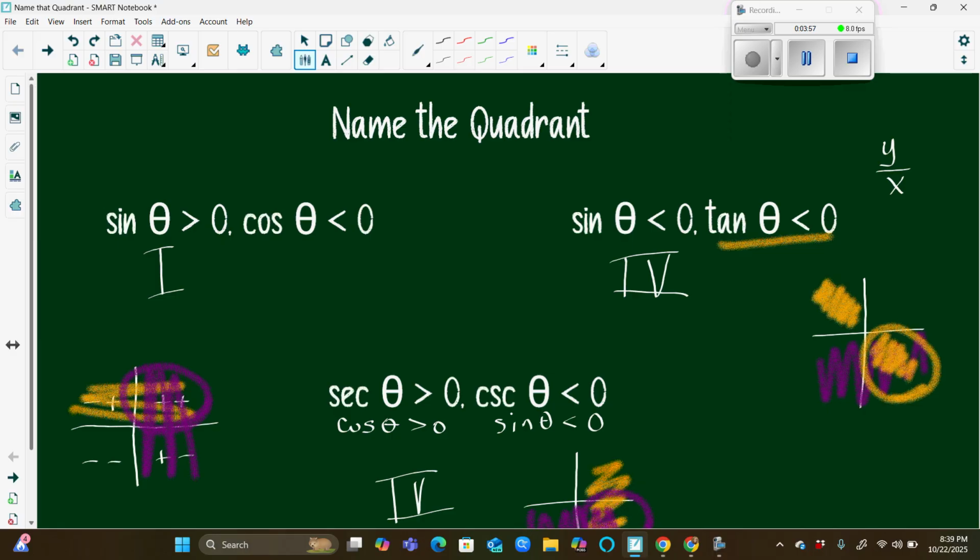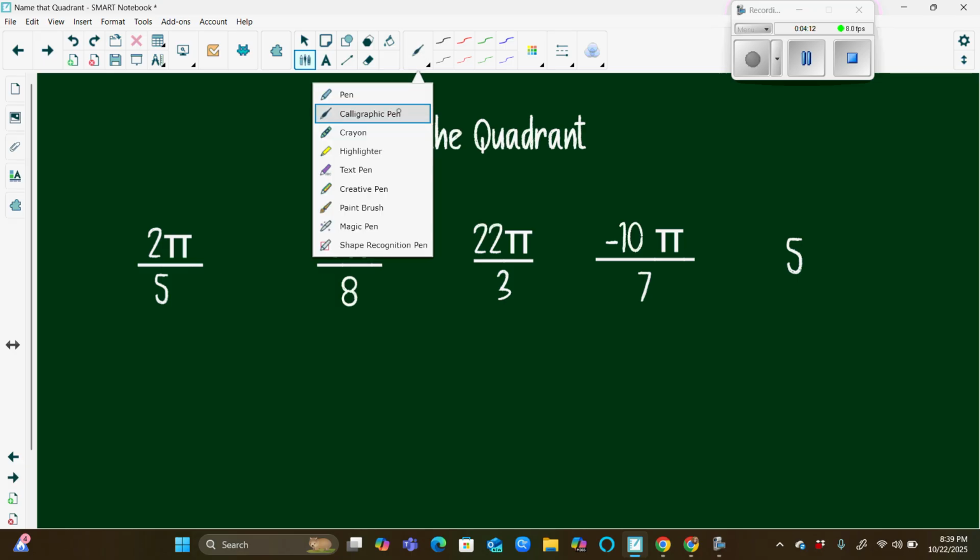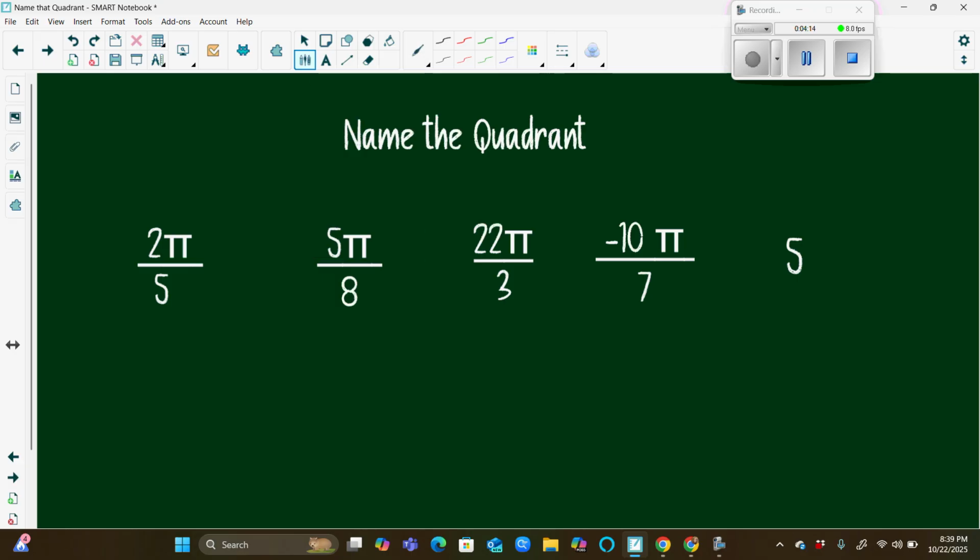Now, sometimes you have to name a quadrant to know where an angle is located. When we derived the unit circle, there were certain angles that we put around that circle. Not all of these angles will be those values that we have on the circle, so we have to estimate to figure out where they would fall.